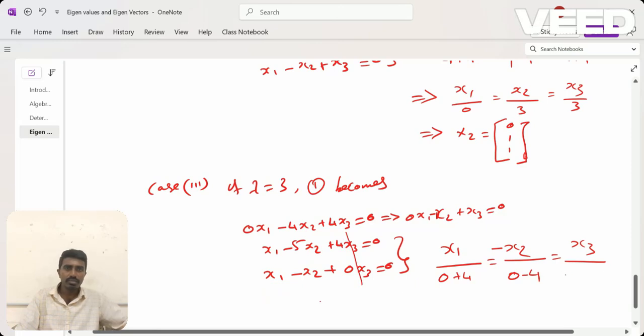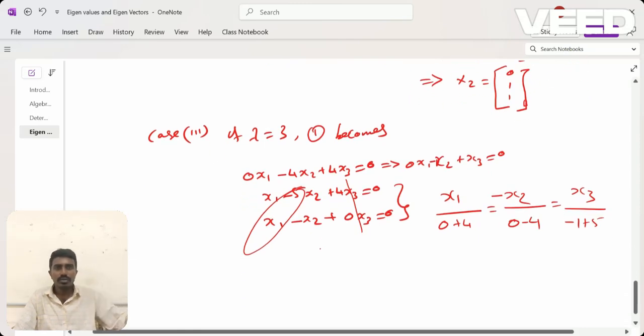Then minus 1, and then multiply these two coefficients, minus 5, already one minus, so plus 5. Now if you multiply by 4, then you get x1 by 1 equal to x2 by 1 equal to x3 by 1. Therefore the eigenvector x3 equal to 1 1 1.